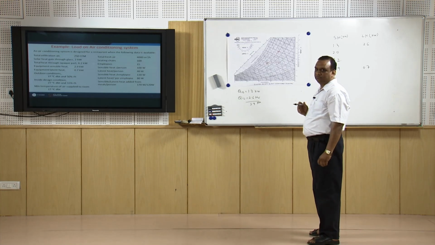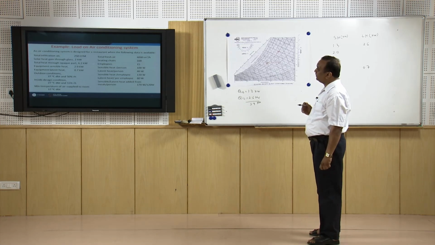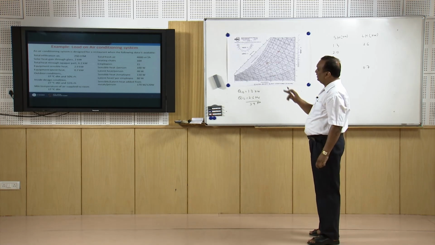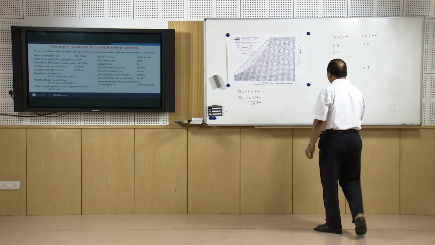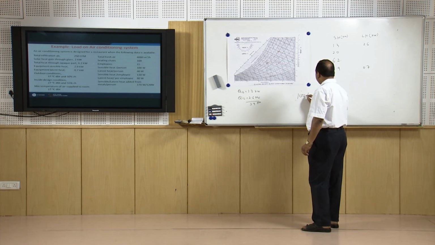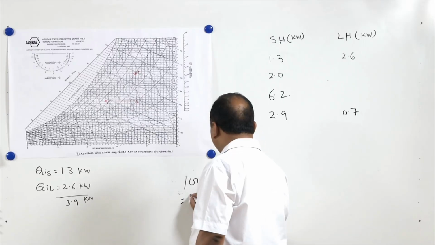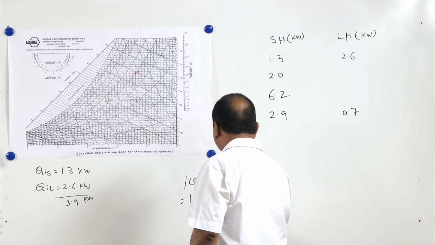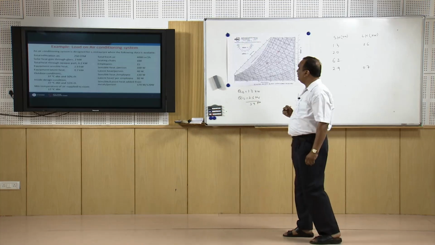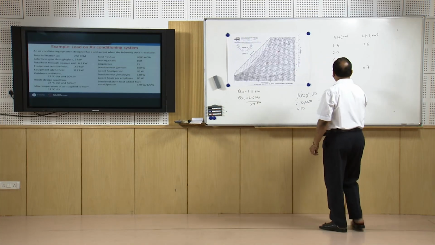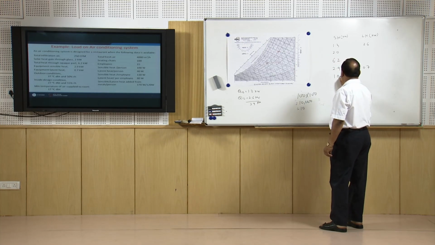Let us go for the maximum capacity, the restaurant is full. So when the restaurant is full, 100 multiplied by 100 watts gives 10,000 watts or 10 kilowatts. So sensible heat addition to the room is 10 kilowatts by occupants.